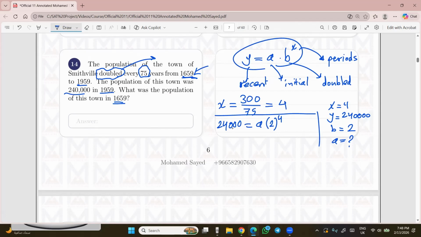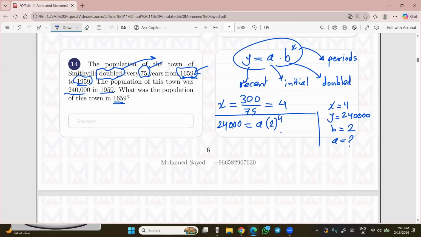Why 4? Again, because we have 4 periods of 75 years in the time span from 1659 to 1959. So just subtract these two numbers and divide by 75, because it doubles every 75 years.